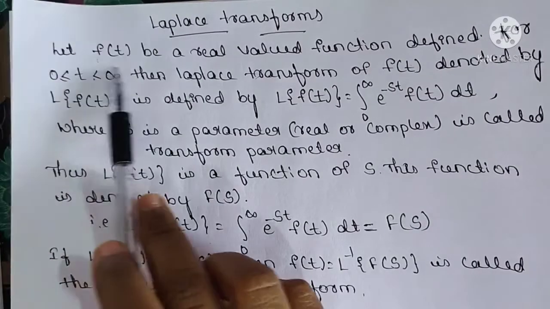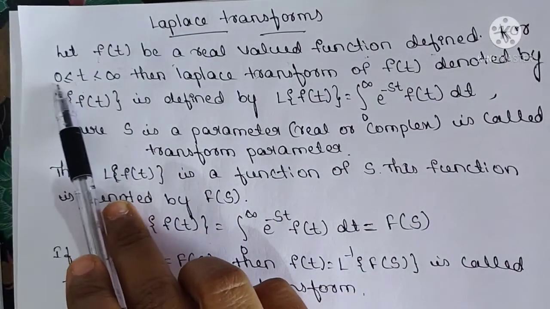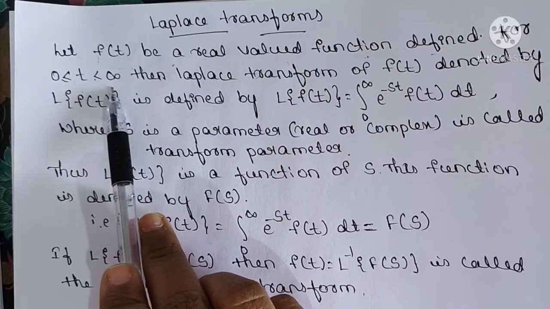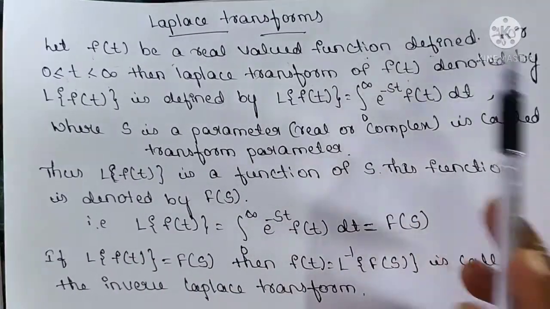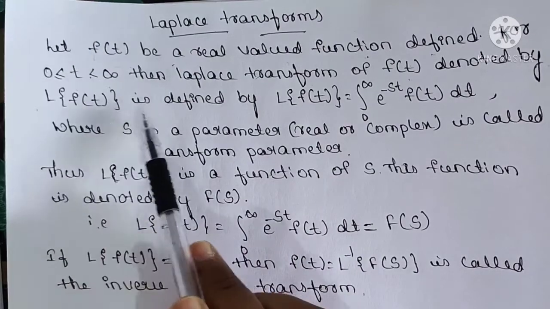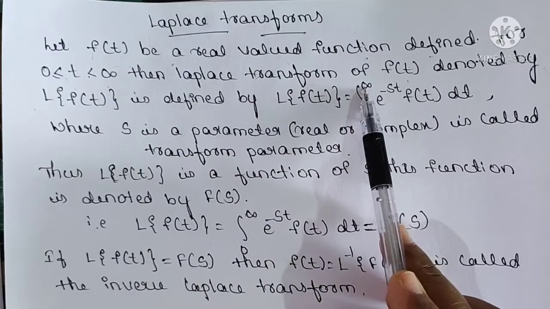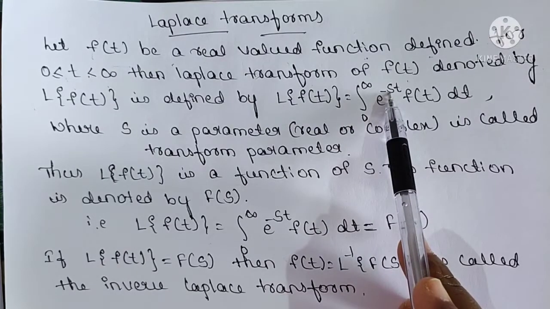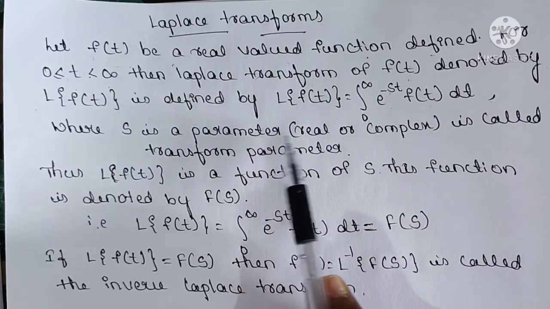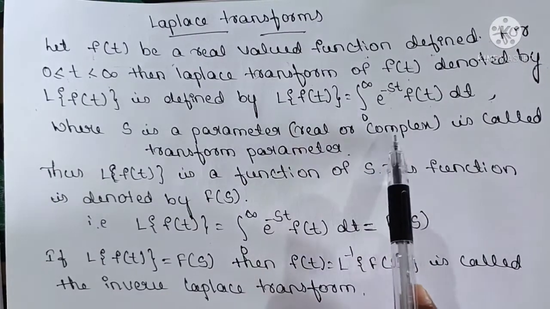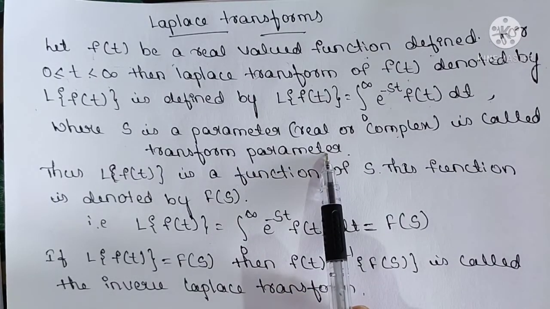That is, let f of t be a real valued function defined for t greater than or equal to 0, less than infinity. Then the Laplace transform of f of t, denoted by L of f of t, is defined as L of f of t equals the integral from 0 to infinity of e power minus st f of t dt. Here s is called a parameter, either real or complex, called the transform parameter.